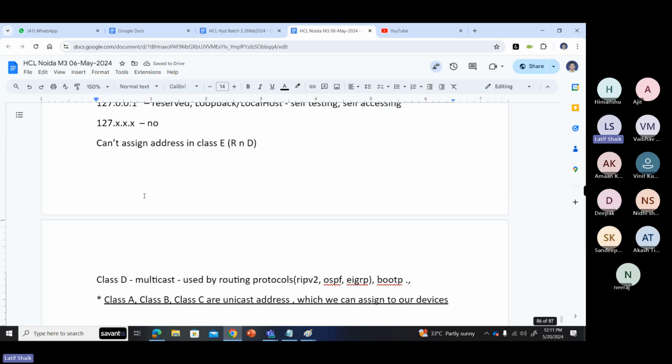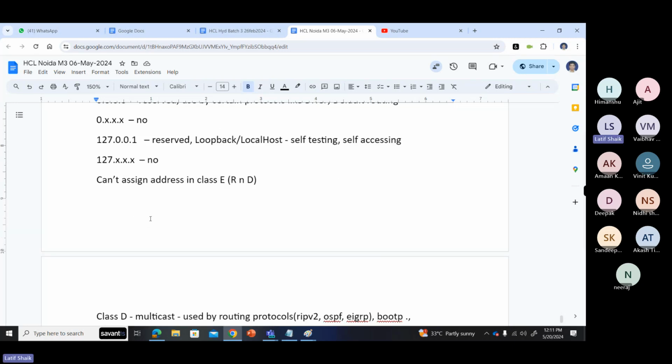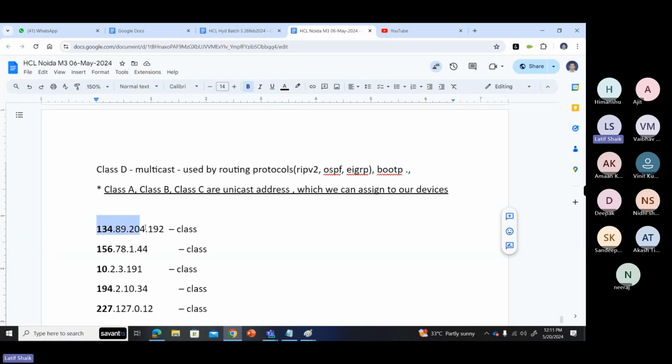So we discussed the classes: class A 0 to 127, class B 128 to 191, class C 192 to 223, class D 224 to 239, class E 240 to 255. And identify which class these IP addresses belong to. When you see an IP address, don't look at anything else, only see the first octet.